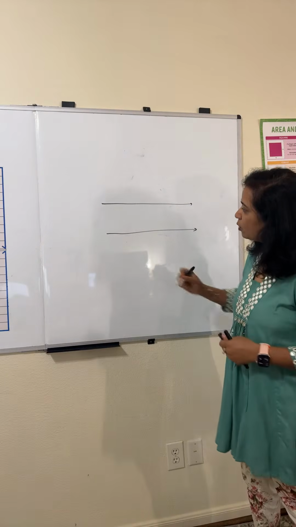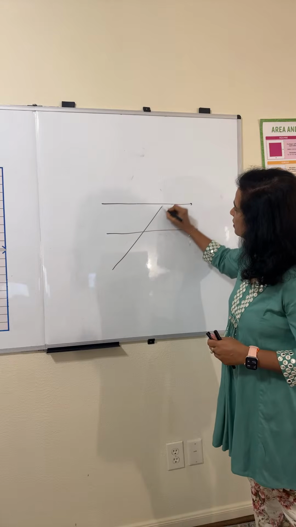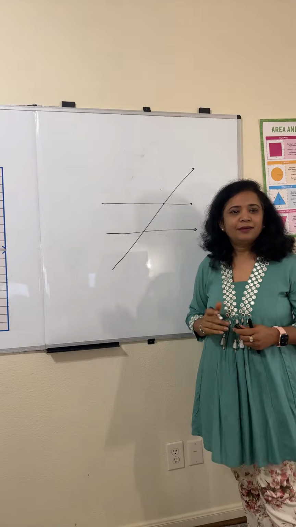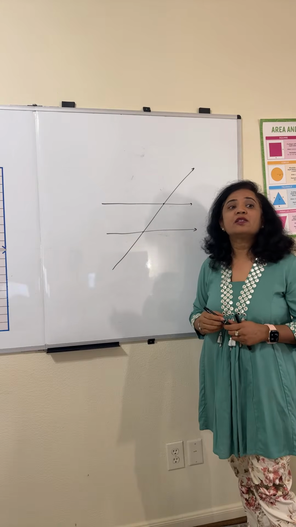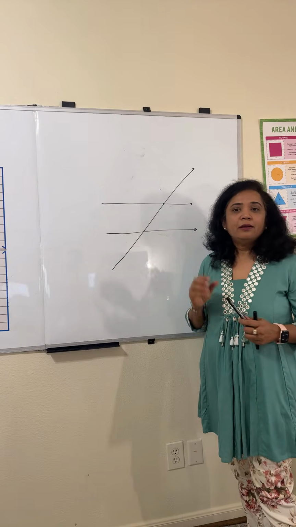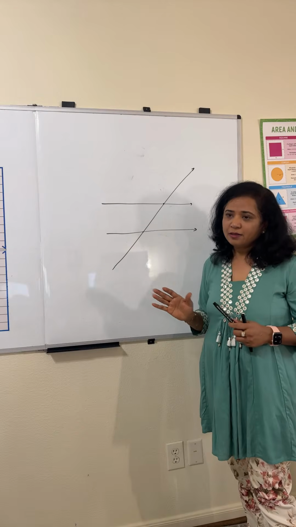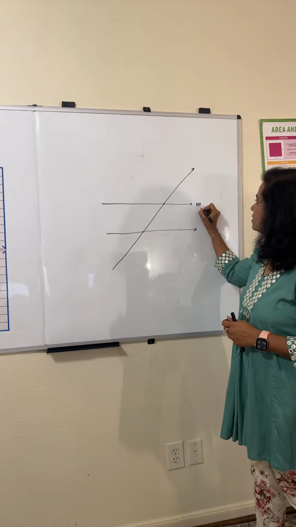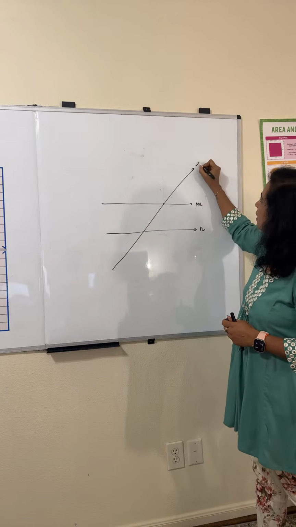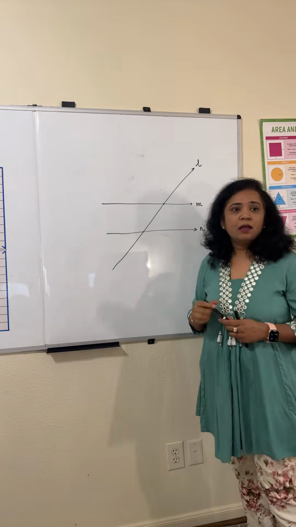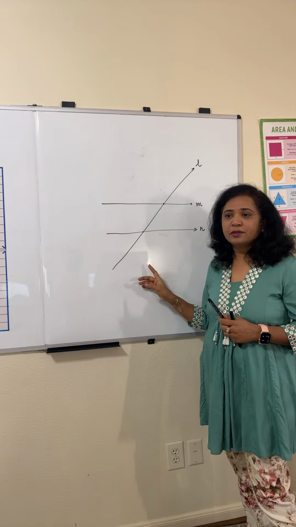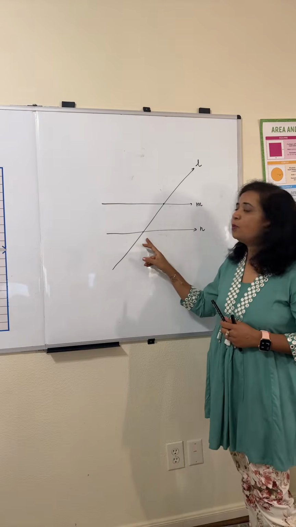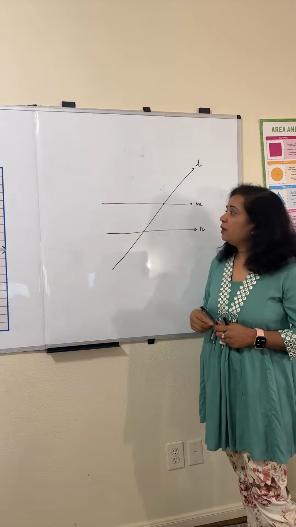Now we are talking about a line which is cutting these lines at two points. This is called a transversal line. So what do you mean by transversal? Cutting two parallel lines. If these are M and N, then this line L represents the transversal line cutting M and N at two points.